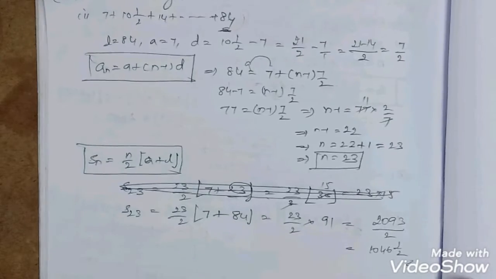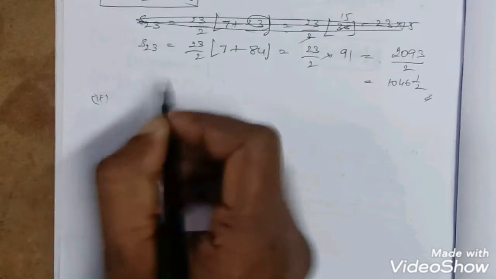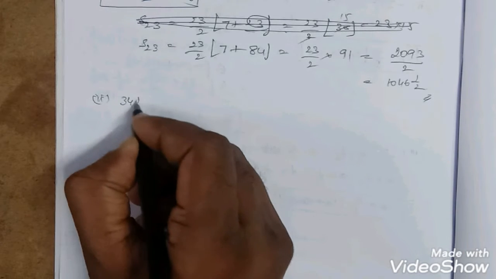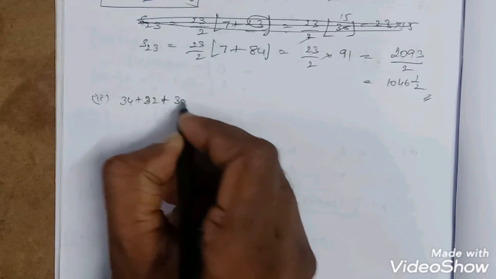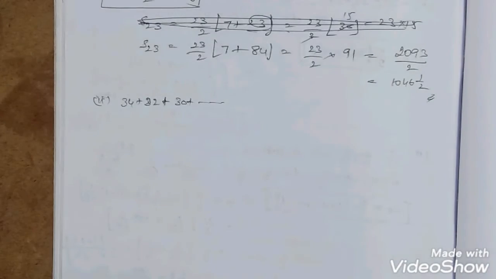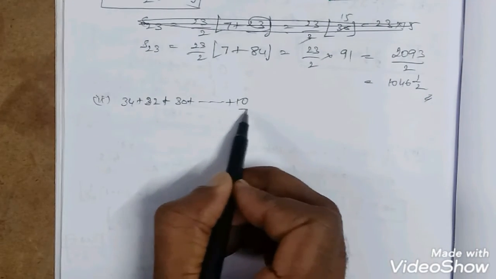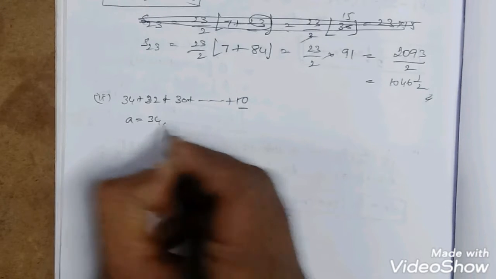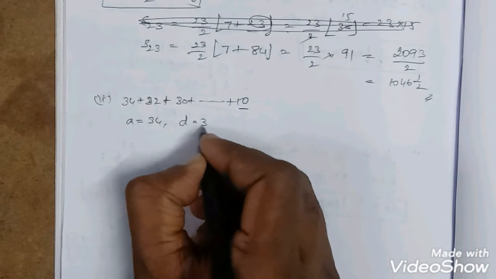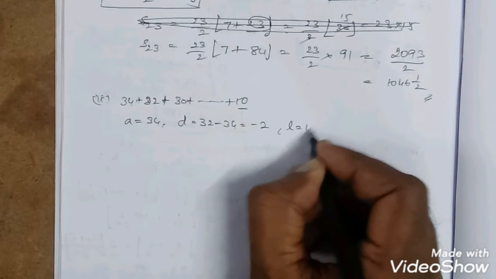Okay, next coming to the next question, that is the second one. The second one is given as 34 plus 32 plus 30 plus so on up to 10, right? Now here the last term is 10 and the a value is given as 34, d is given as 32 minus 34, which is nothing but minus 2, and l is given as 10.